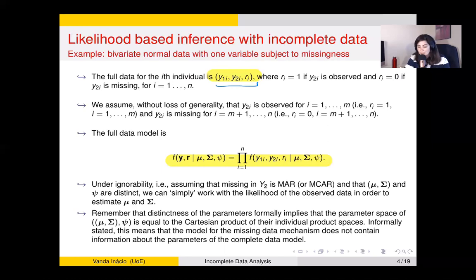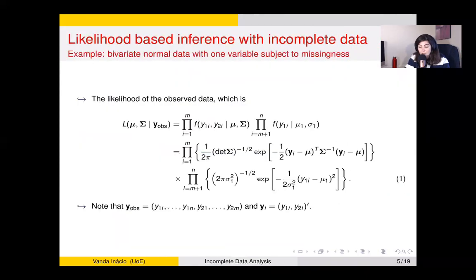This is the joint density for our full data model. But because I'm assuming ignorability, I know that I will work with the likelihood of the observed data. So let's construct the likelihood of the observed data.